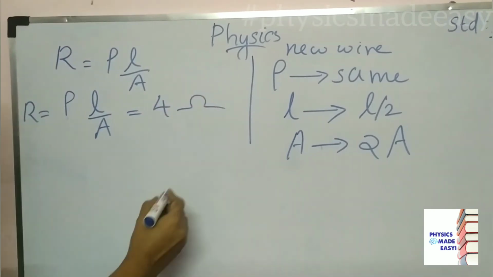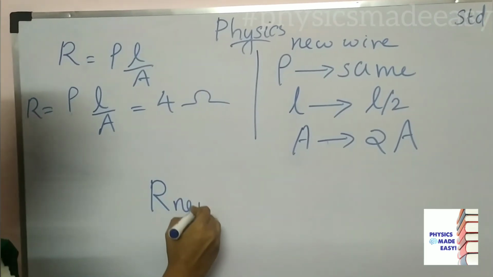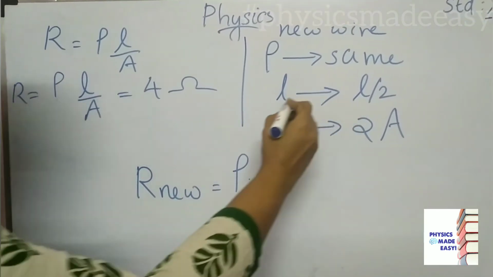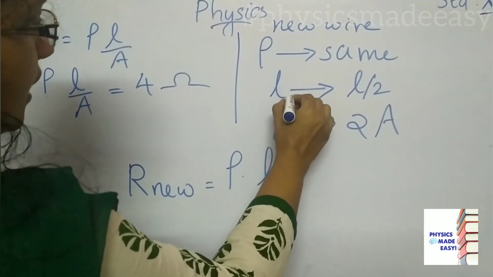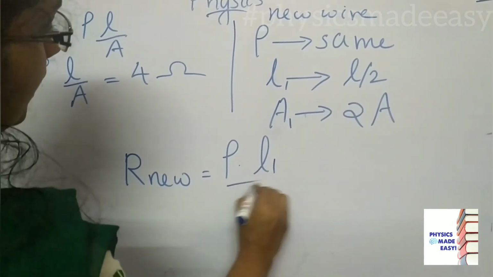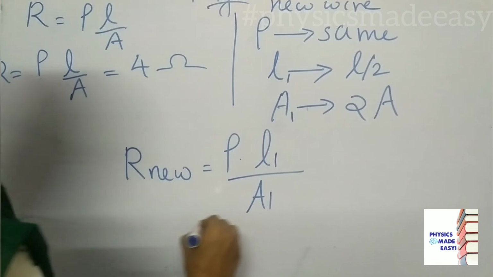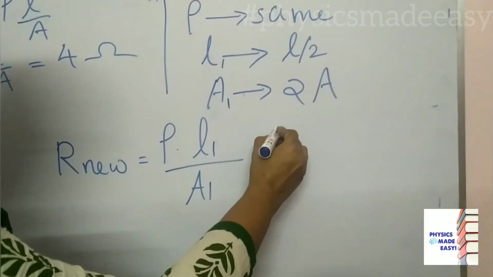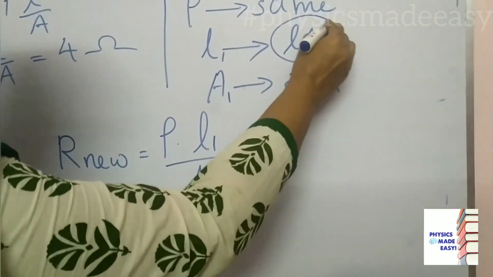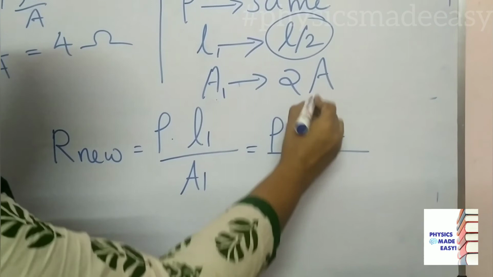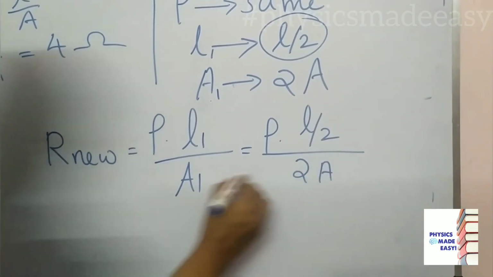For this new wire, we can write resistance as R new, then rho into, here I am taking this as L1 and A1. Here we can write this as rho L1 divided by A1. I told you, children, rho is same here. So here we can write rho into what is L1? L divided by 2. What is A1? That is 2A. How to write this?